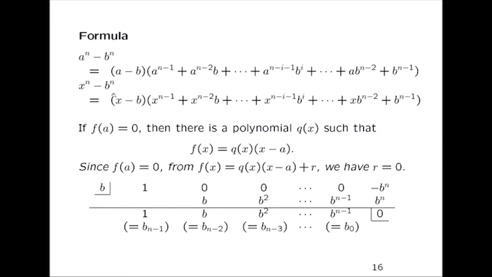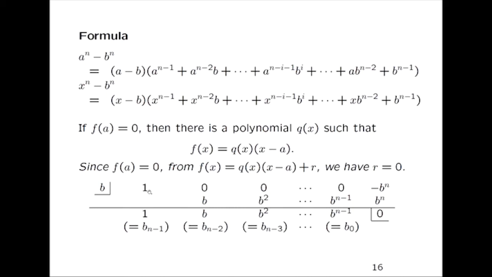Okay, that means we can understand that this polynomial is divided by x minus b, and we want to find the quotient part. Okay, in order to do it by the synthetic division, we write b here, and then we write the coefficients of x to the nth power minus b to the n. That is 1, 0, 0, 0, 0, 0, 0, and then minus b to the nth power, right?